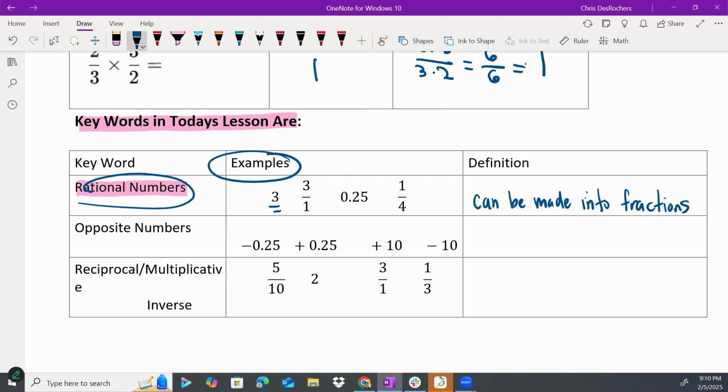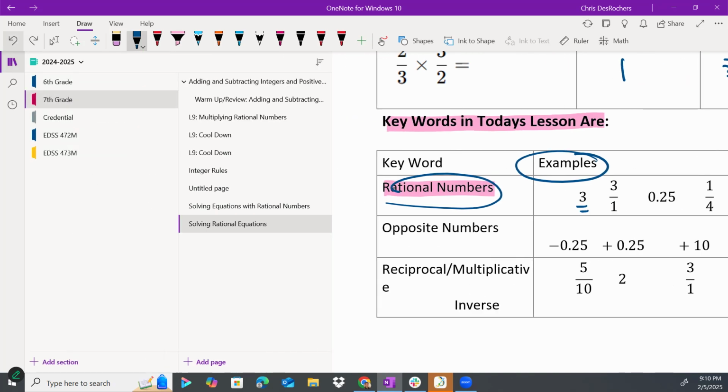This 3 can be made into 3 ones. That's a fraction. 0.25 can be made into a fraction, which happens to be 1/4. So rational numbers can be made into fractions. Okay.